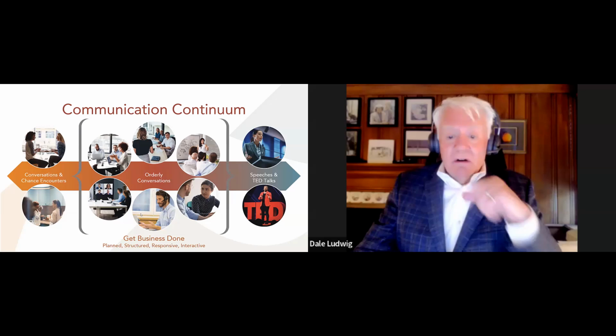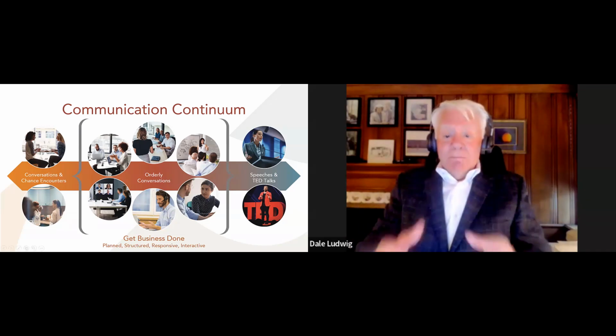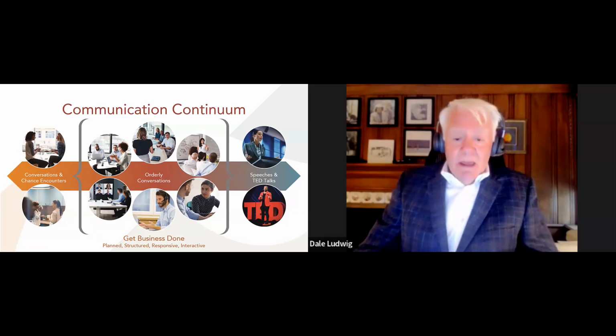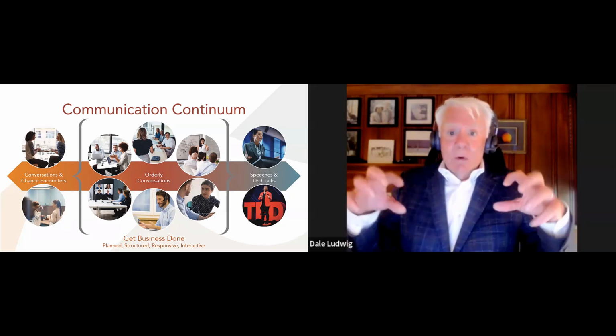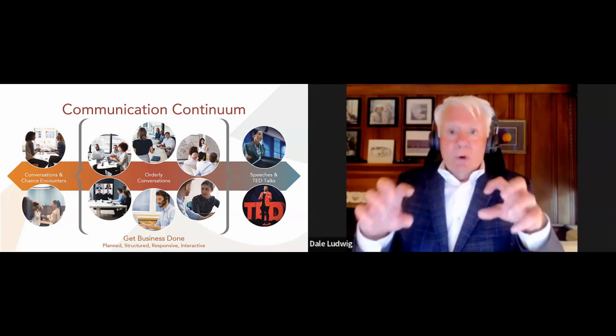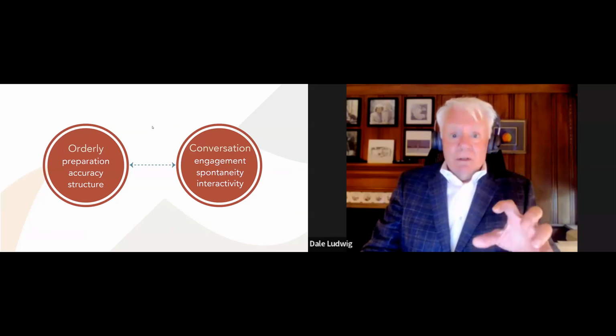All of them share the characteristic that they are trying to get business done. They're very practical, and as you can see at the bottom, they are planned, they are structured, and they're responsive and interactive. So what we're dealing with in an orderly conversation is a process that has these two characteristics.